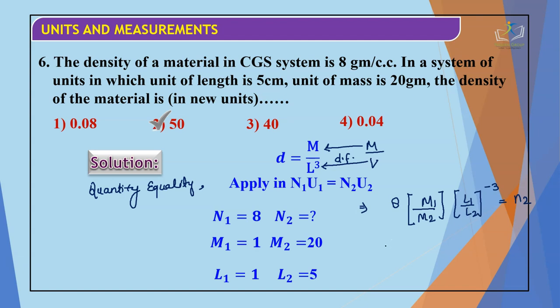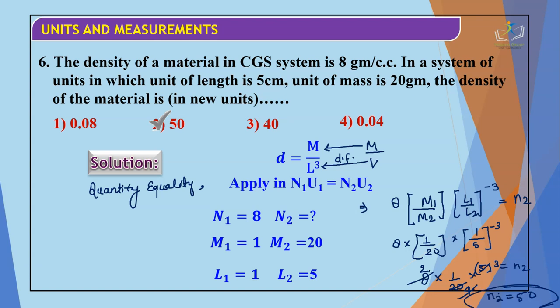Putting the values, M1 is 1, M2 is 20, L1 is 1, L2 is 5, power minus 3, that comes 8 into 1 by 20 into 5 cube is equal to N2. So we can easily put this value and receive the answer N2 is equal to 50. 25 here we get and 2 here, 25 and 2 is 50.